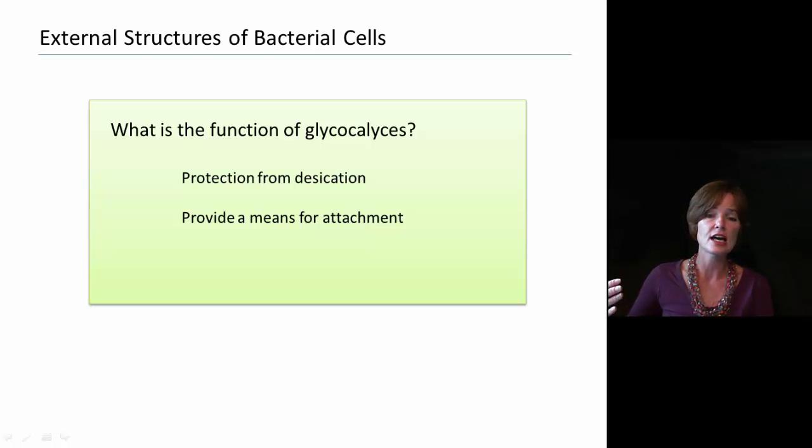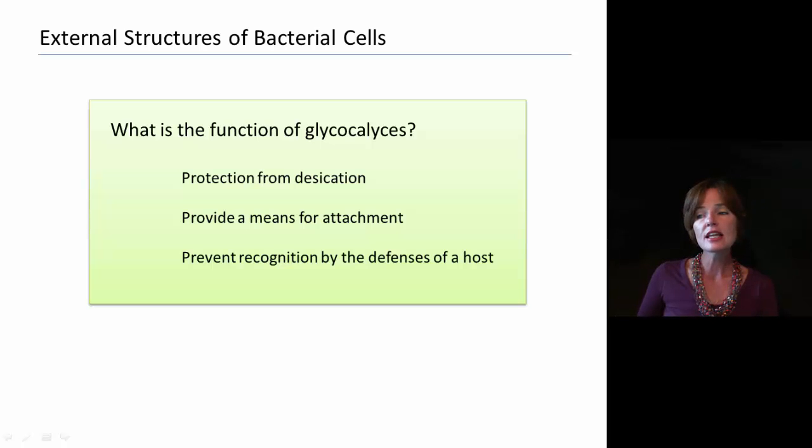This helps the cell attach to a variety of surfaces. It also helps multiple bacterial cells attach together if they need to form a colony or a biofilm or some other structure. And then lastly, it plays a role in helping bacterial cells, in some cases, to avoid recognition by a host. This helps them evade the defense systems of host organisms that they might be infecting.